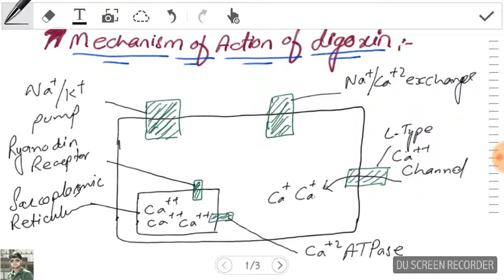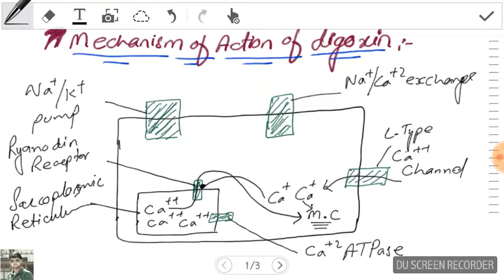When calcium enters inside the cell, some of the calcium will cause the muscle contraction, and some of the calcium will attach to the ryanodine receptor and activate the release of calcium from the sarcoplasmic reticulum. So calcium from outside and calcium from the sarcoplasmic reticulum together cause the muscle contraction.